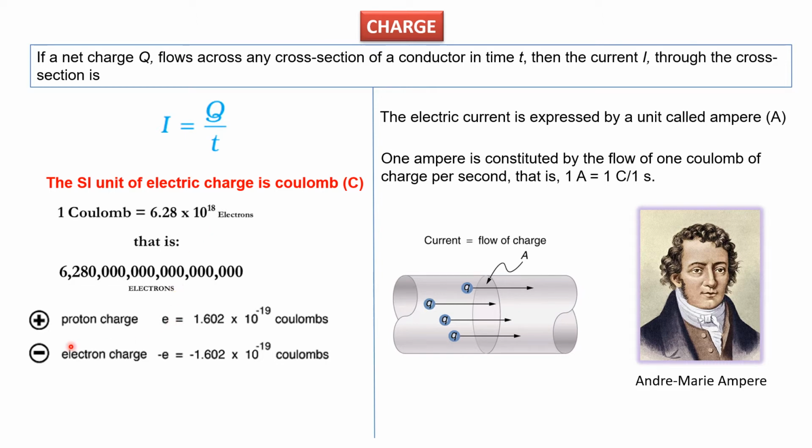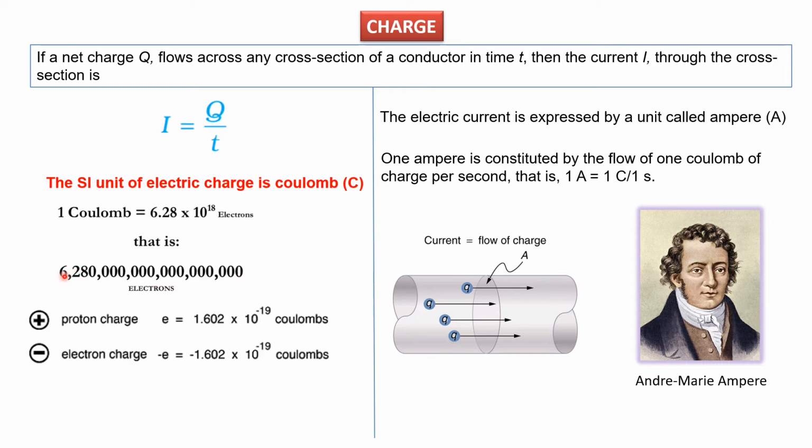Clear? See, always negative electron, positive proton. Both are represented by E, and this one is negative E. So proton charge E is equal to 1.6 into 10 to the power of minus 19 coulomb. And what is the charge possessed by an electron?